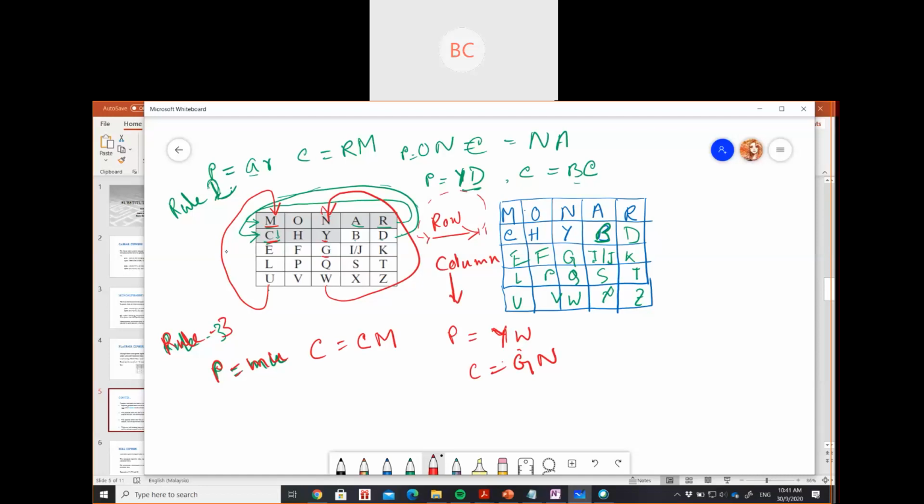In a column, you consider the letter just below, and once you reach the bottom, it goes back to the top again. So rule 2 is for row wise replacement and rule 3 is for column wise replacement. Okay, is it clear now?